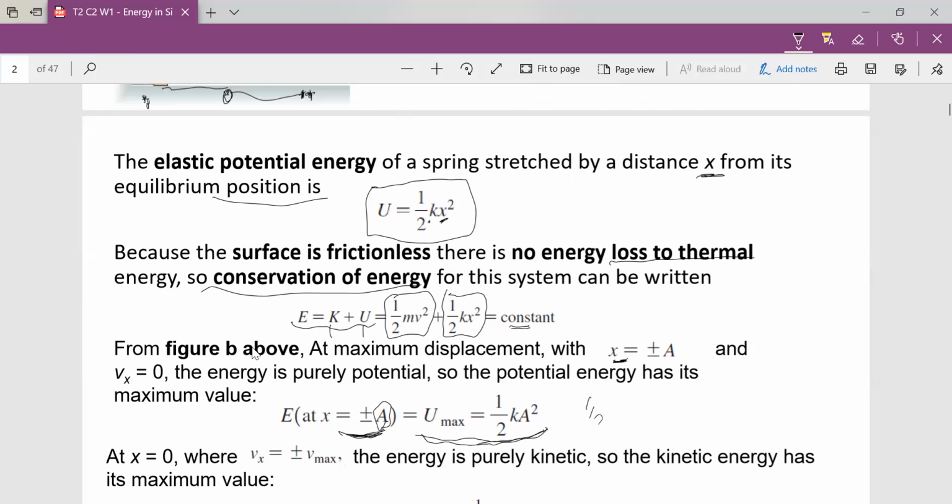It's the same thing as half ks squared that we saw before, s being the displacement, which is the amplitude. Even when it is negative, the square takes care of that.